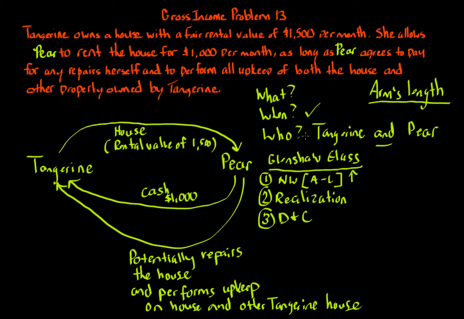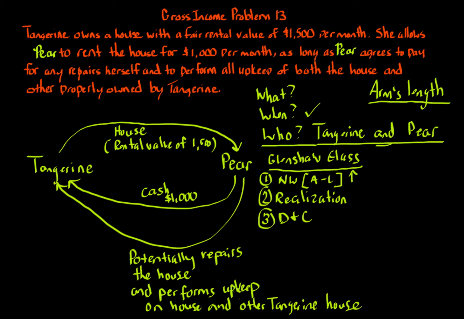So we have to look at these parties separately, but also together, because they're arm's length. Remember, when you have arm's length parties, the fair market value should be equal on both sides. We're looking at the monthly payment. We have $1,500, the value of the house. Pear is paying $1,000. So where is Tangerine getting the other $500?